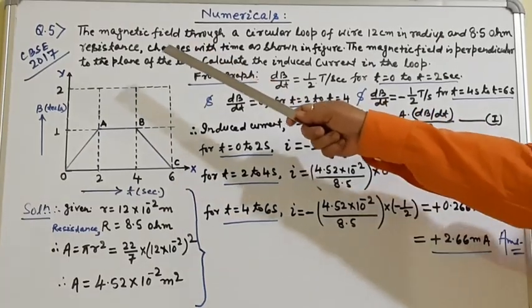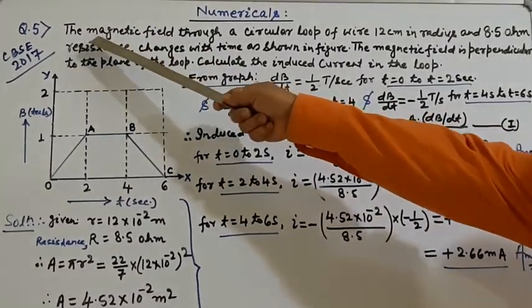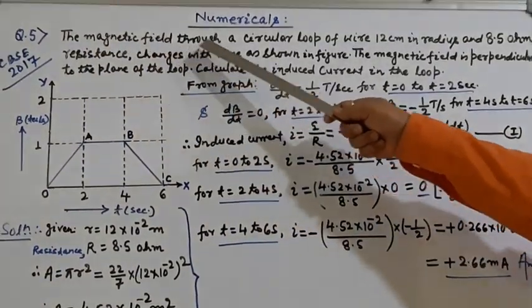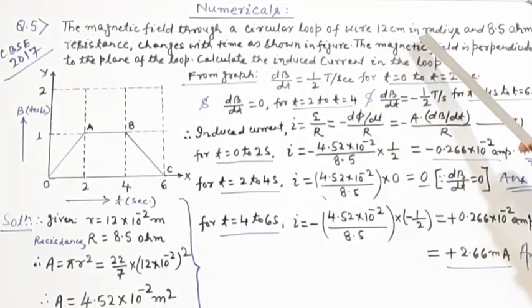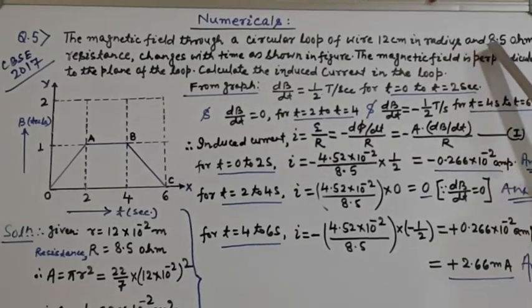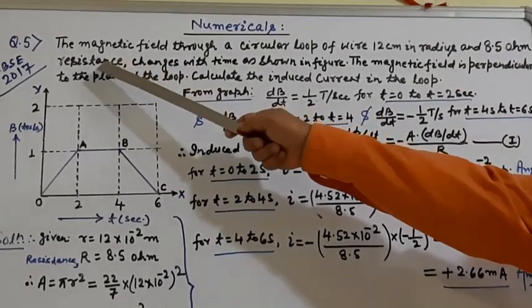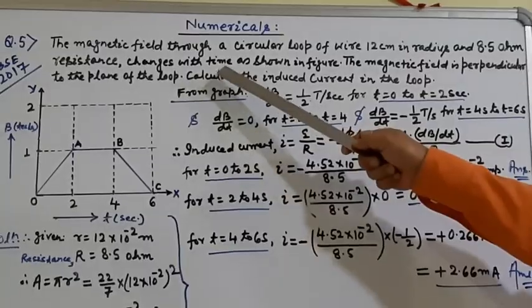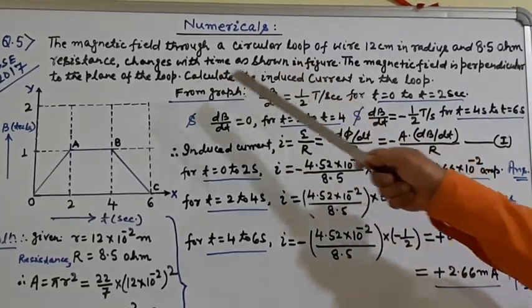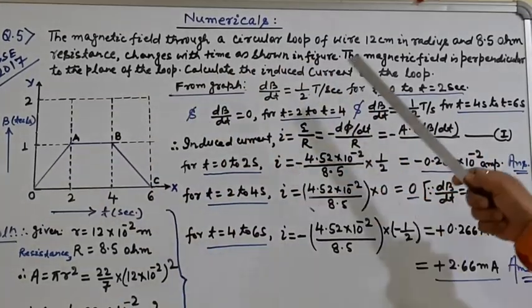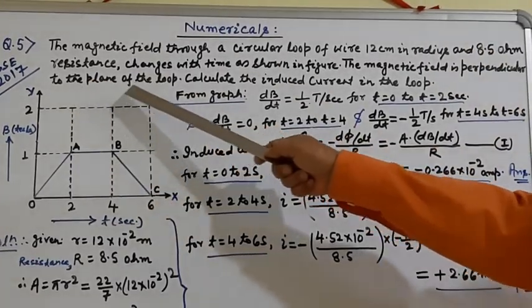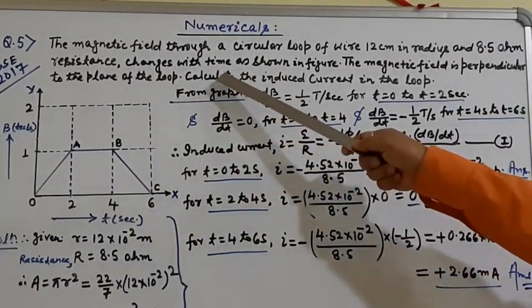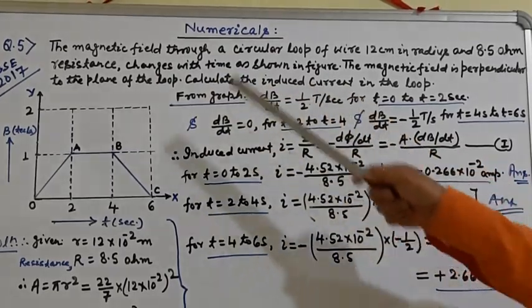This question says that the magnetic field through a circular loop of wire 12 centimeter in radius and 8.5 ohm resistance changes with time as shown in the figure. Figure means in this graph. The magnetic field is perpendicular to the plane of the loop. Calculate the induced current in the loop.